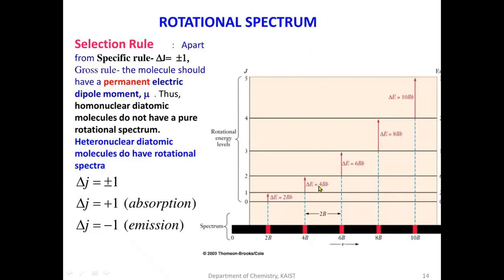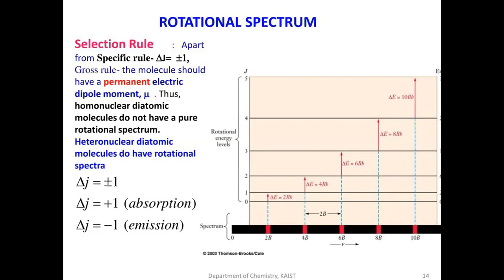Here it is 4B between these two levels. So if you calculate 2B, when you calculate B in terms of centimeter inverse and multiply by 2, in this case our B is almost 20 centimeter inverse. So 20 centimeter inverse into 2 is 40 centimeter inverse. So the rotational energy spacing between two rotational levels is almost 40 centimeter inverse. And you calculate this energy, right?